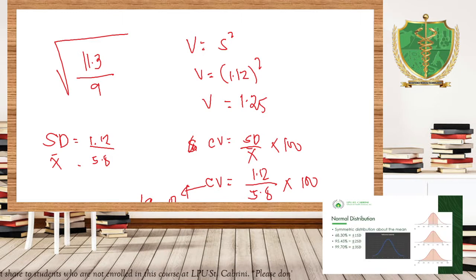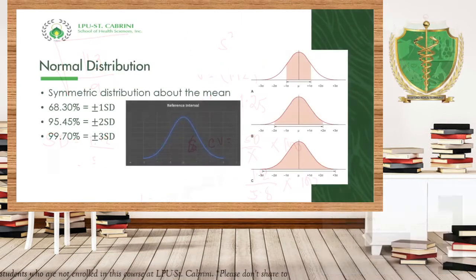Now, for our normal distribution curve, that is a symmetric distribution around the mean. The mean is in the middle, plus 1 SD and negative 1 SD, negative 2 SD and positive 2 SD, negative 3 SD and positive 3 SD. This is our normal curve, usually a bell curve or bell shape.